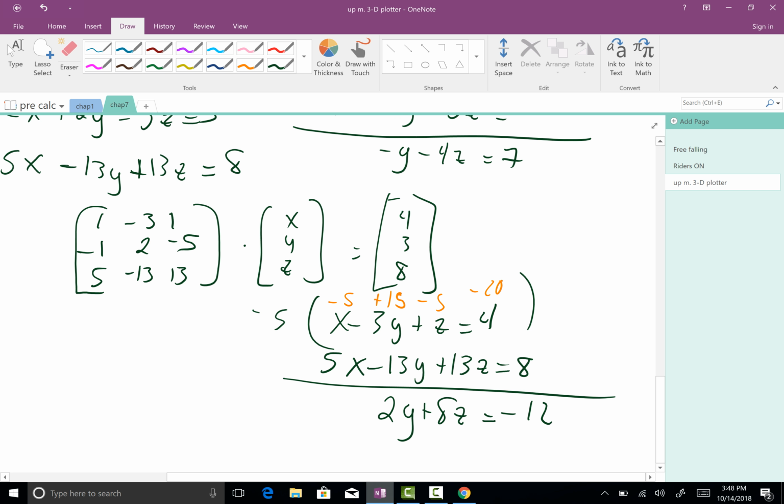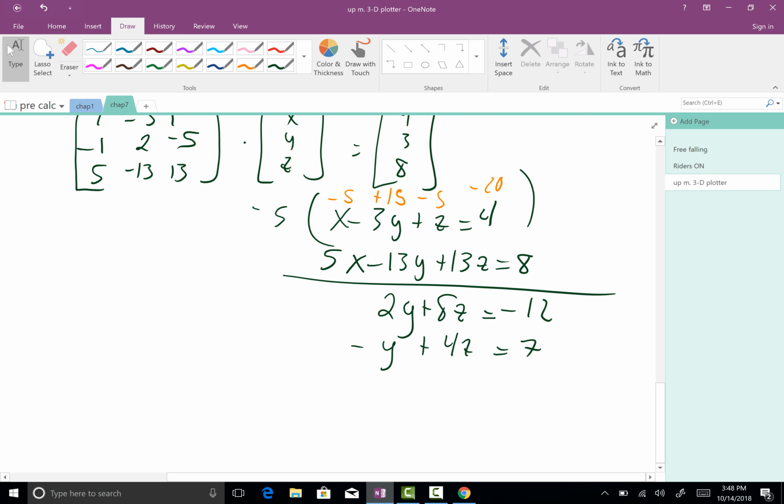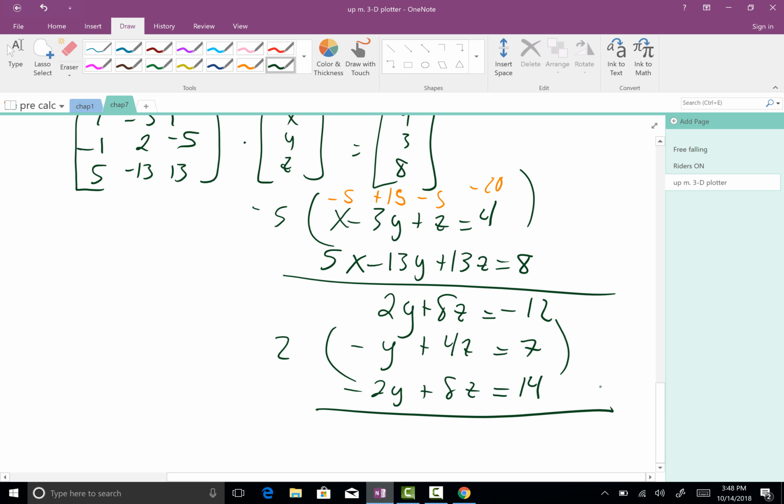So now if I take these two equations and I multiply this one by 2, and I eliminate these by adding them, I'm going to get 16. That should not happen.